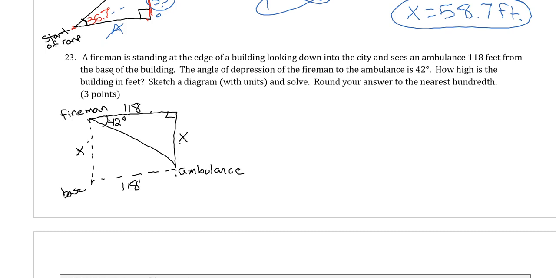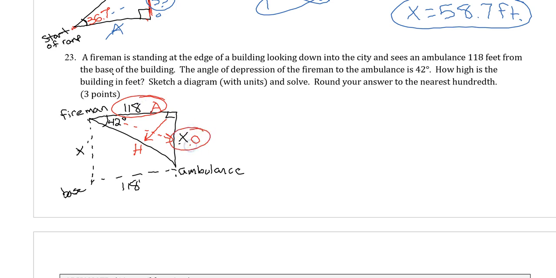Okay. So now I'm just labeling my sides. I'm solving my equation. I have my hypotenuse, the opposite side, and the adjacent side. So I have a number at my adjacent side and my variable at my opposite side.